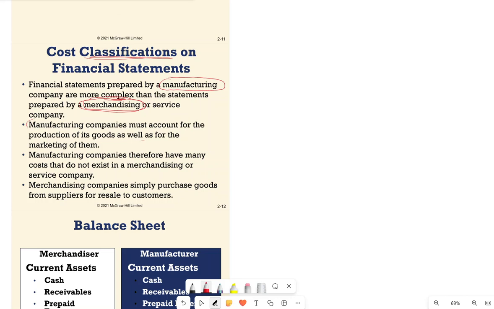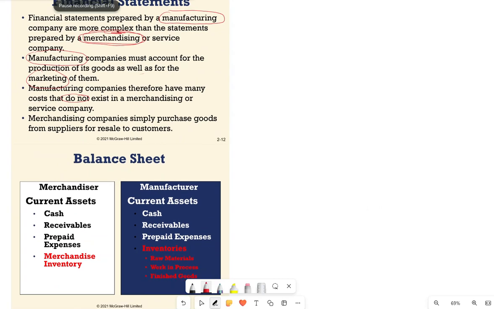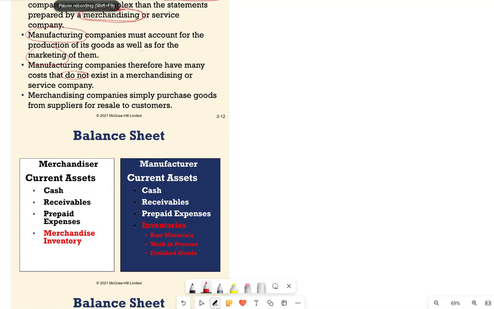So manufacturing has to do both: the cost of producing a product, and your marketing and selling costs. Manufacturing companies have many costs that do not exist in merchandise companies, which simply purchase goods from a supplier and resell them. So that's why their financial statements are simple compared to manufacturing.